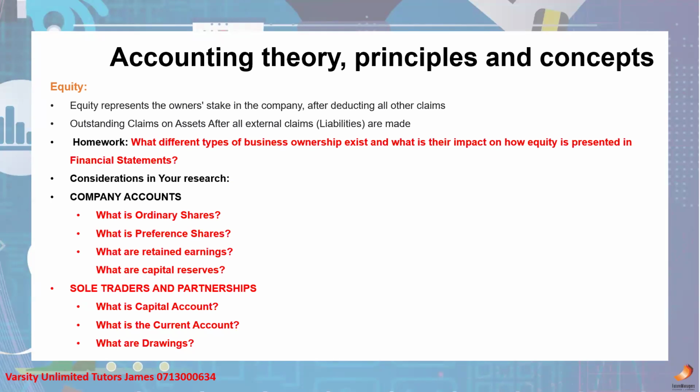But from an accounting point of view, we say that equity represents whatever remains from the business after we have removed all liabilities. So I am saying that we have assets in the business. We've got buildings, maybe 500,000. We have vehicles, another 500,000. We've got furniture and fittings and whatnot, maybe 200,000.